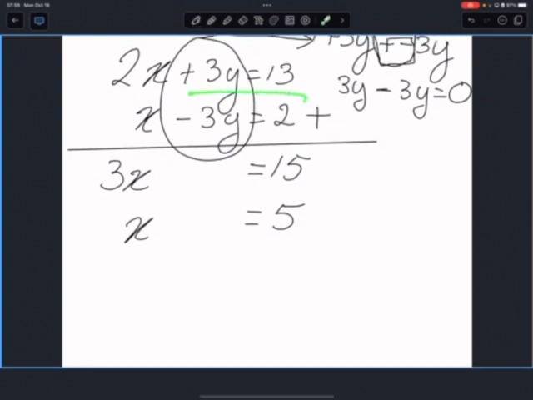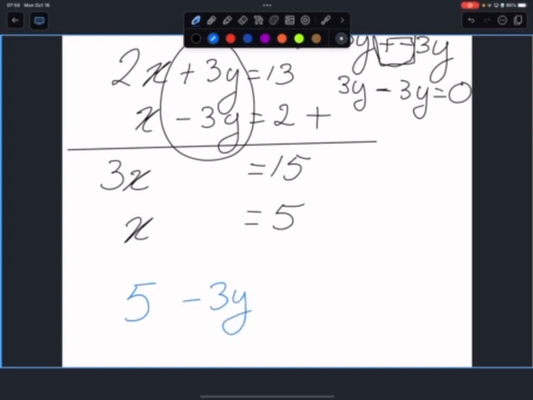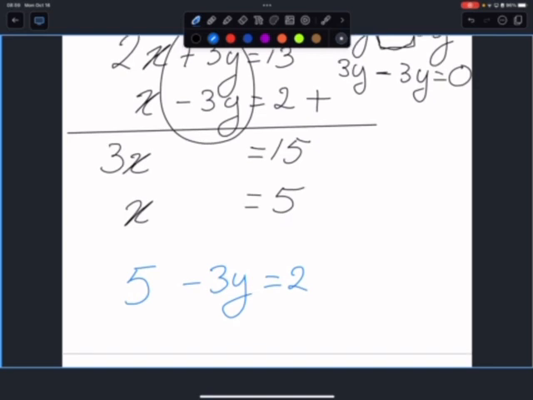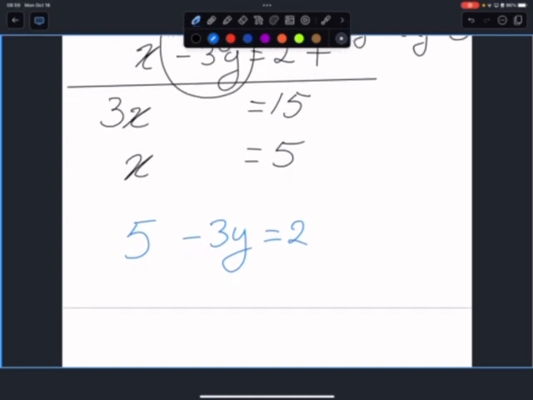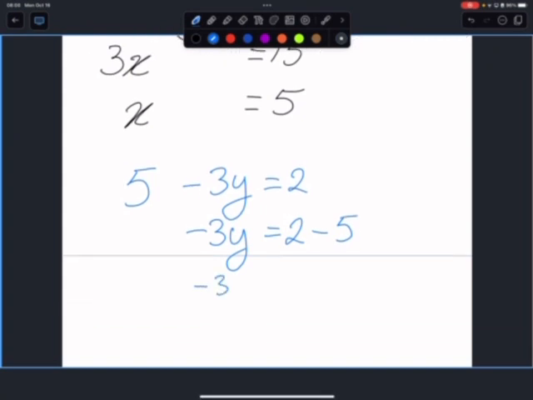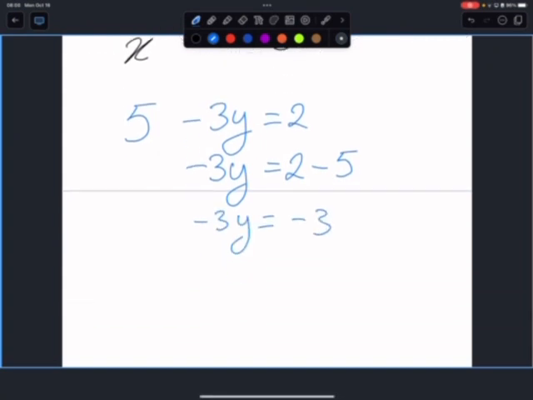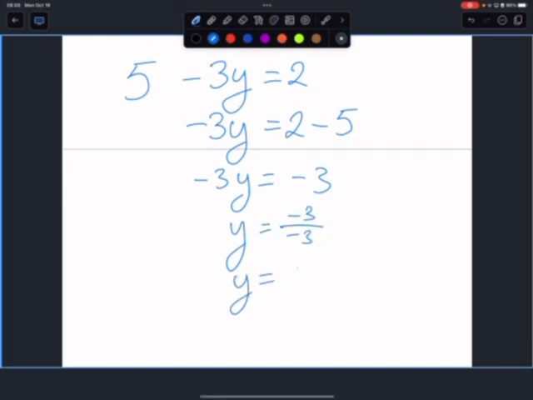So if I decide to take the bottom one, it equals 5 subtract 3y equals 2, because x represents 5. Basic algebra once again. Y equals 1.